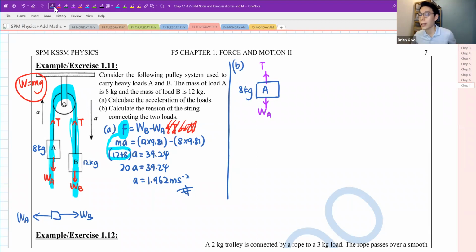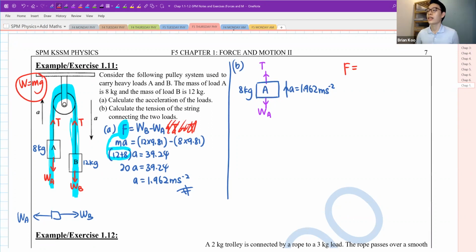Acceleration is very important. This block is moving or accelerating this fast. And you need to know the direction of the acceleration. That's why I say acceleration is important. Then only you know is what minus what. Okay, so state all the force plus the acceleration. That will help you.